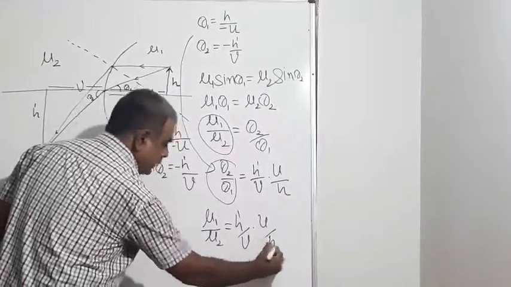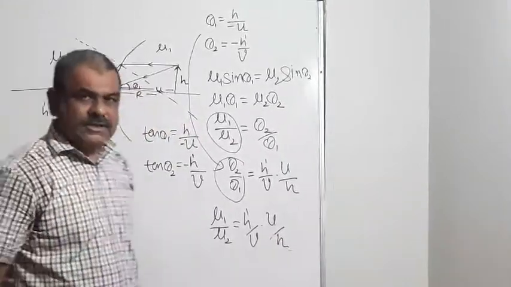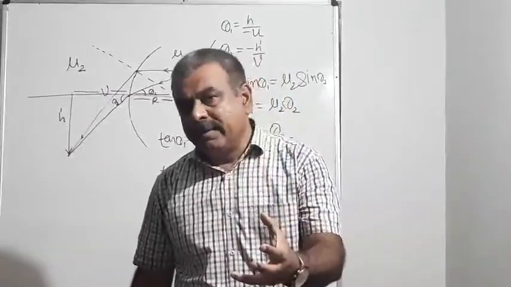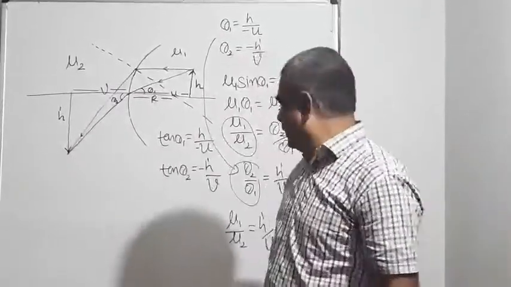Now right from your 10th standard you are applying this concept. The ratio of height of image to height of object is your lateral magnification.